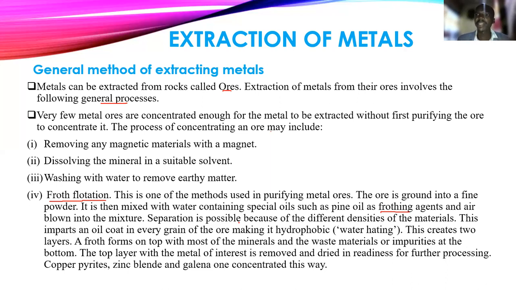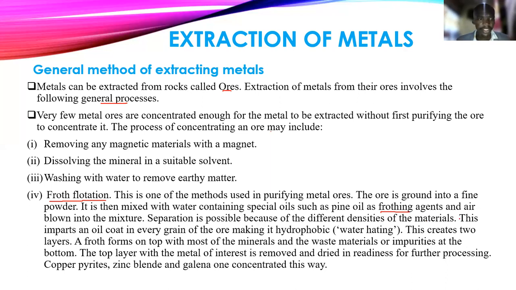So the one which is less dense can be skimmed, and the one which is more dense, if we use even a separating funnel, will be separated first. But if we use the skimming method, the one which is less dense can be skimmed out first.